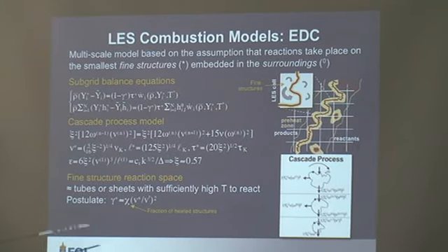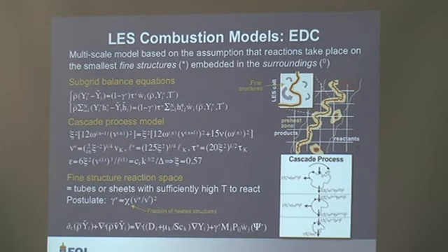And he essentially postulates that this gamma star is going to be proportional to the velocity V star divided by the fluctuating velocity field squared times a fraction of the heated structures. And he gives an expression for the fraction of heated structures, but he doesn't really explain how to get there. I mean, he explains that in terms of some of the structures cannot react due to the temperatures not being high enough.